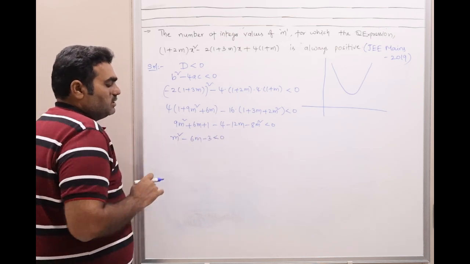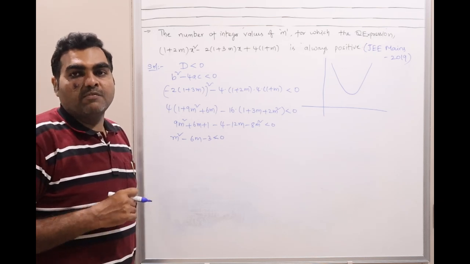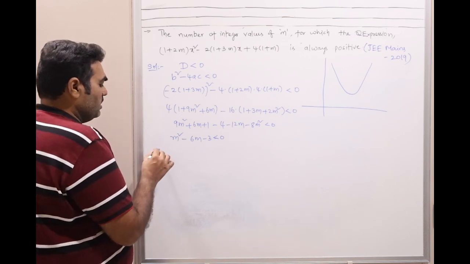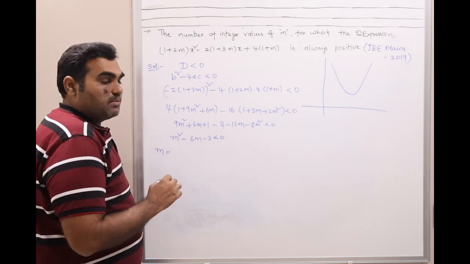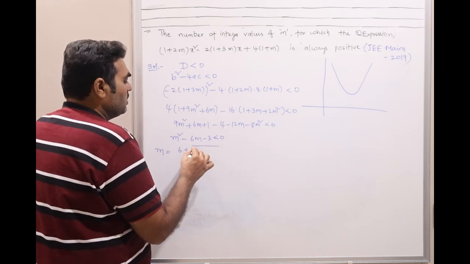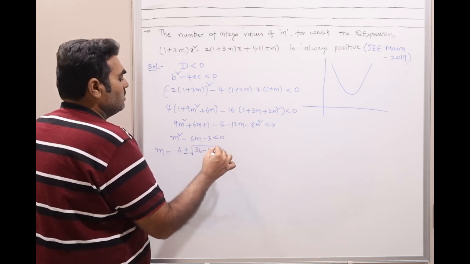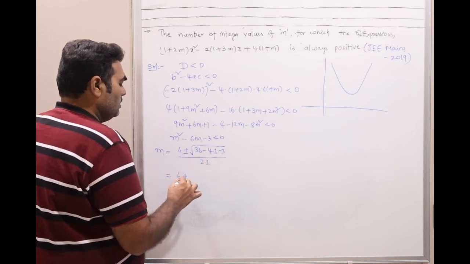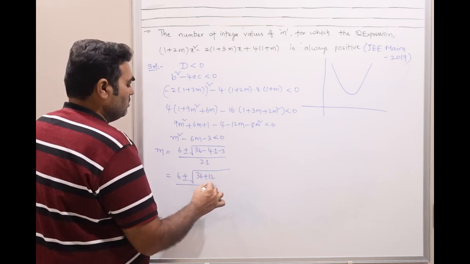Okay, right? So this is an equation for which you cannot get roots by a straightforward factorization method. So you have to go with the formula. m is equal to (−b ± √(b² − 4ac)) / 2a. So minus b means 6 plus or minus the square root of 36 plus 12, by 2 times 1.